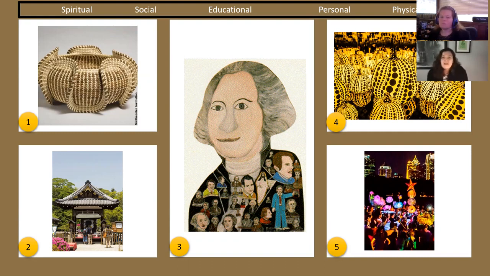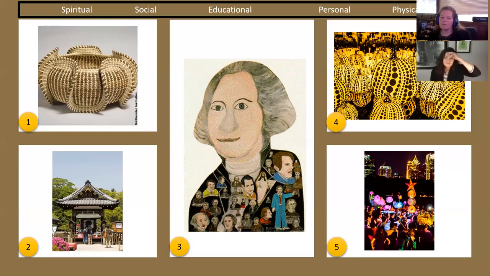And at the very top of the screen, you see 5 categories of art. And I will tell you that the last one, physical, could be physical or functional. So looking at the 5 images, where do you think each one fits in the categories at the top?